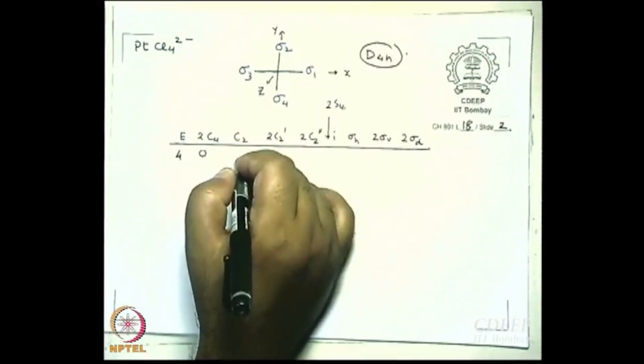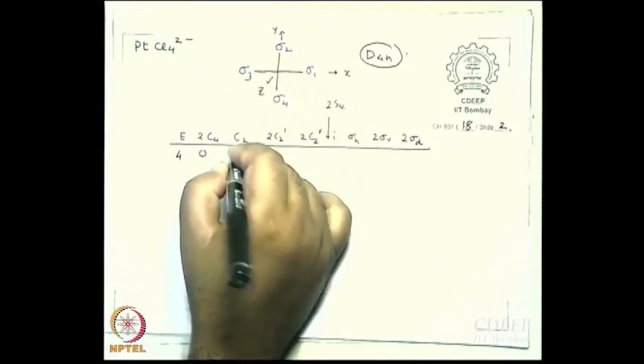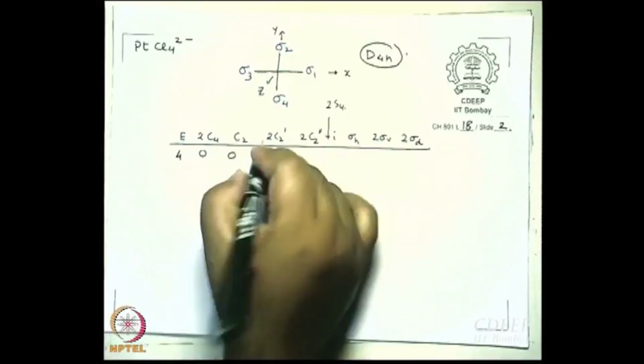C2, C2 is the same axis, Z axis, 0. C2 dash, which 2? Any 2 that are in the same line going through the central metal. So 2.